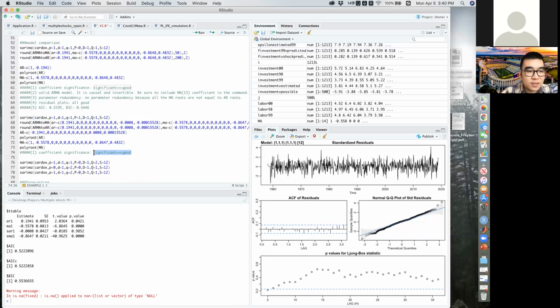The SAR1 coefficient is not significant. This SAR1 part is the new part that we introduced in this model, and we find its p-value is pretty large, right? So that says that this SAR1 variable perhaps is not very important in explaining our time series.